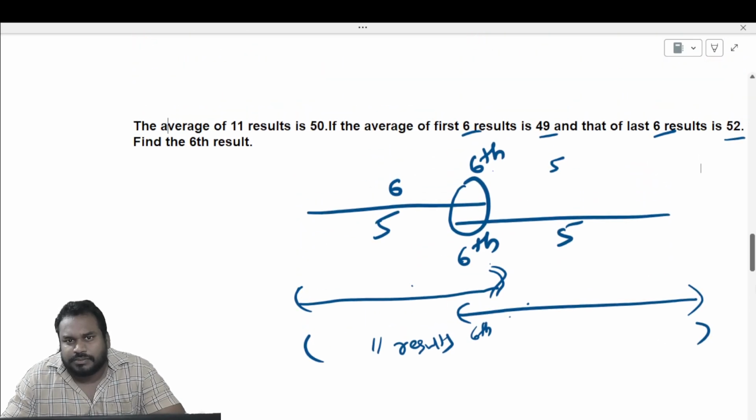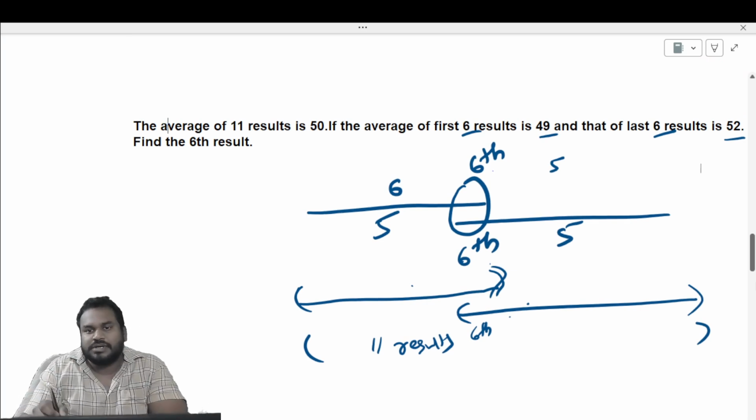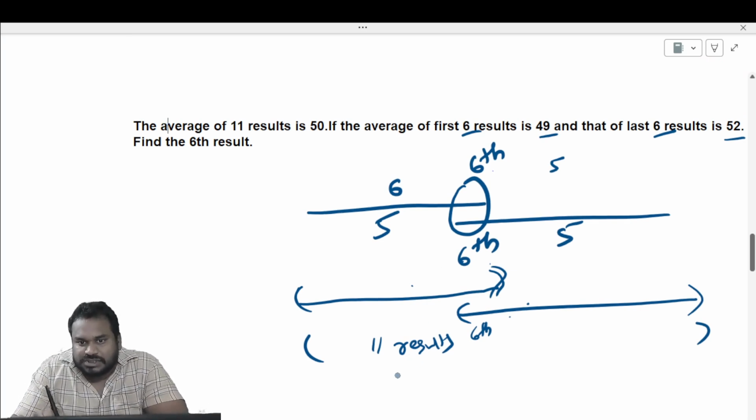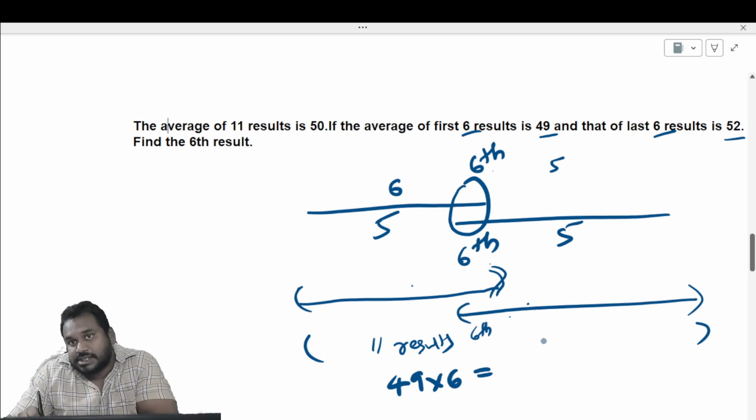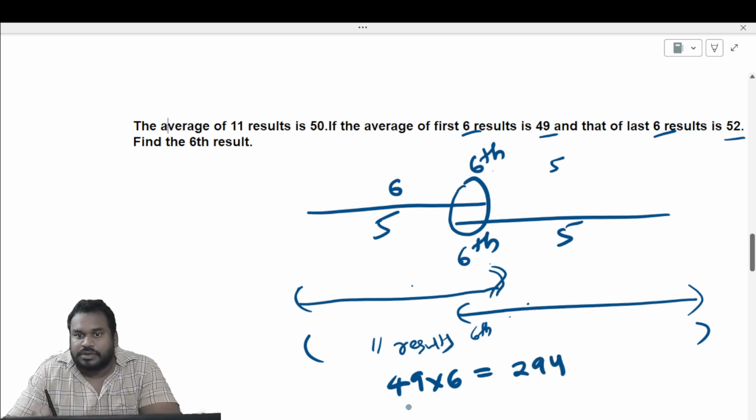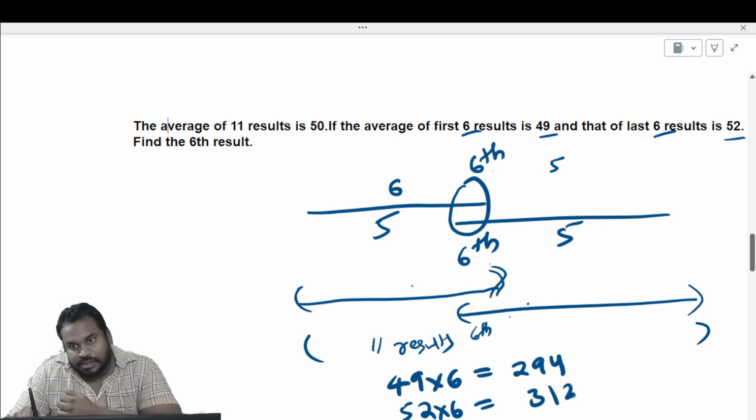So now I am going to do the sum of the first 6. First 6 is 49 into 6. If 50 into 6 is 300, then minus 6, 294. Next, 52 into 6, 312.